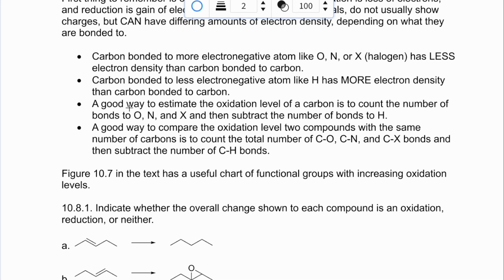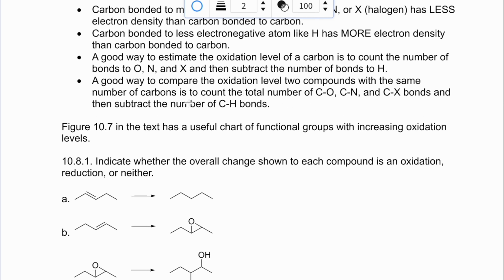So if you were looking at a specific carbon, trying to tell whether it was more oxidized or more reduced than another carbon that you're comparing it to, you could count the bonds to the oxygen, nitrogen, and halogen, all the electronegative elements, because that's increasing the oxidation level of the carbon. Then you would subtract the number of bonds to hydrogen, because having bonds to hydrogen decreases the oxidation number of the carbon.